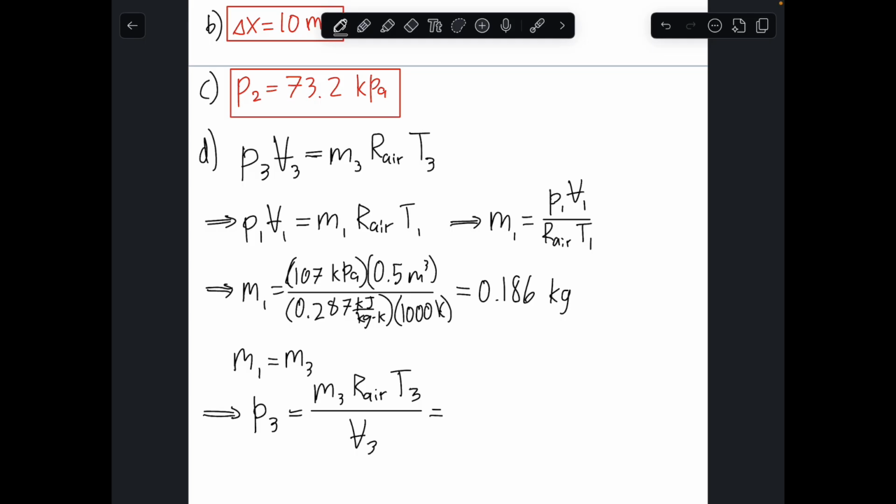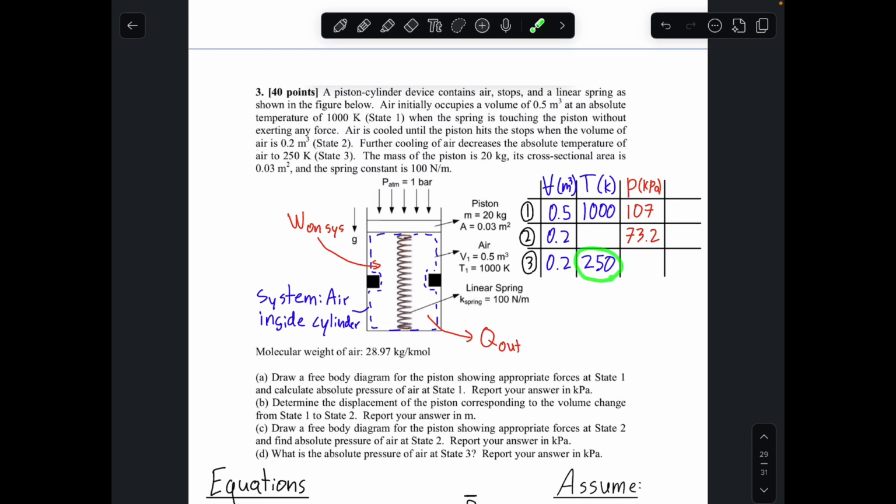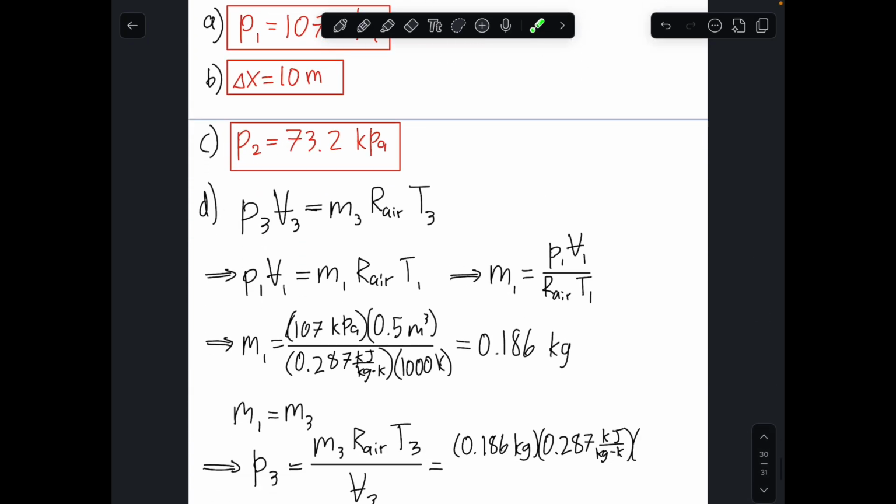And so this will be equal to 0.186 kilograms times R of air. Let's do 0.287 kilojoules per kilogram Kelvin times T3, which, remember from the problem statement, tells us that it is 250 Kelvin at state 3.